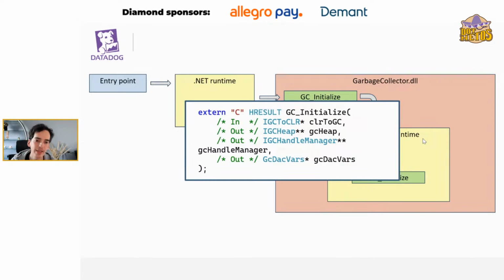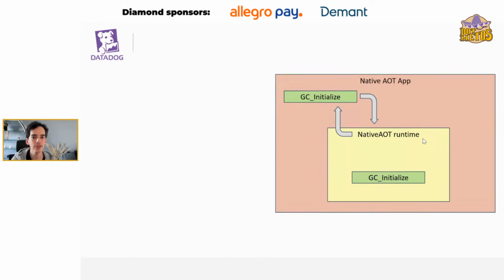And so it looks like the GC_Initialize of the runtime is overridden by the GC_Initialize of our garbage collector. And I couldn't find a way around that because even if you write a simple NativeAOT console application, so you're not even trying to write a garbage collector, and you expose a GC_Initialize function, then your app will crash at startup. So in NativeAOT, you simply cannot export GC_Initialize.